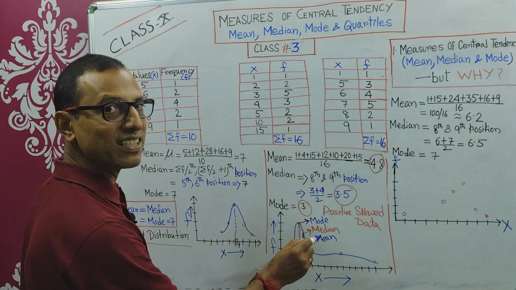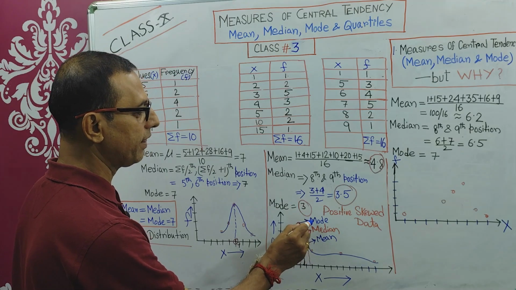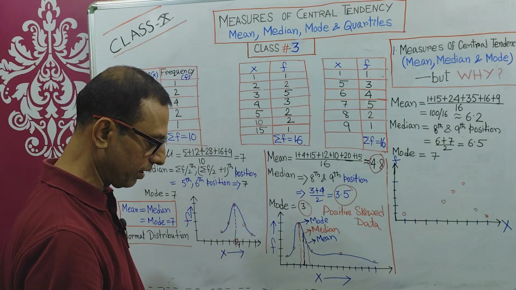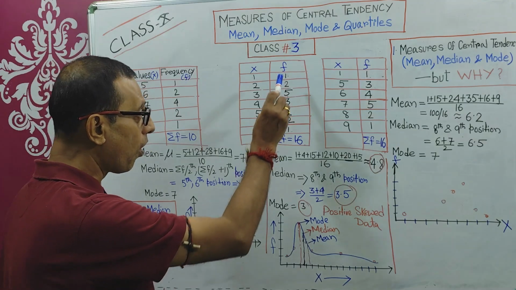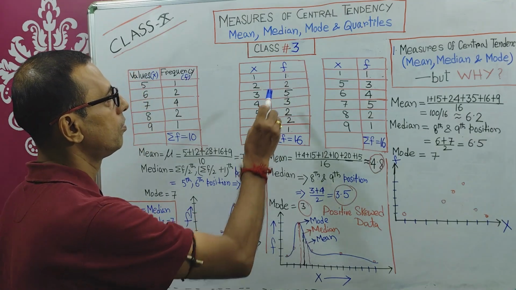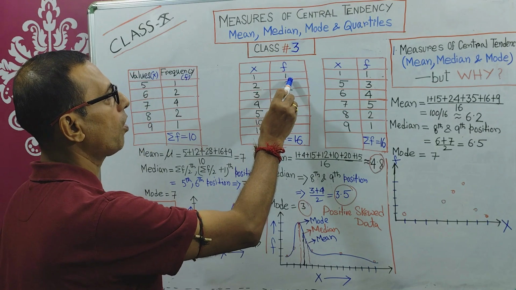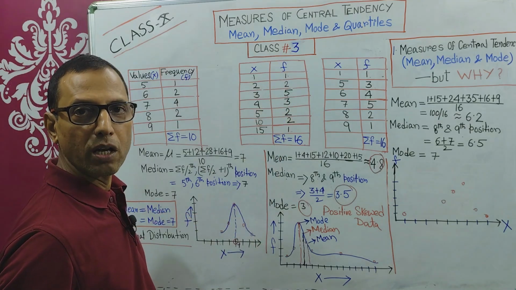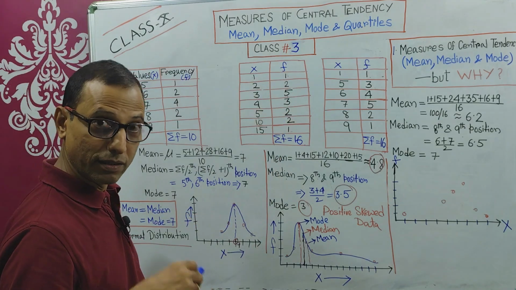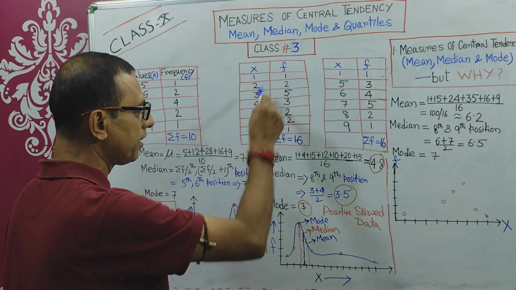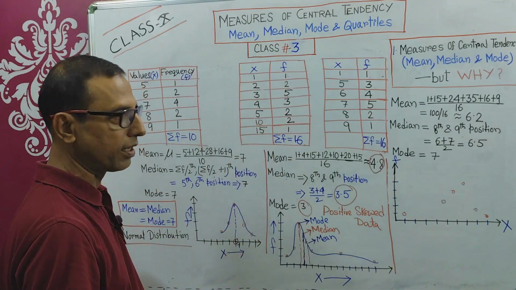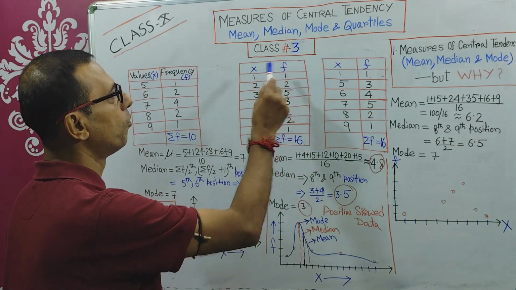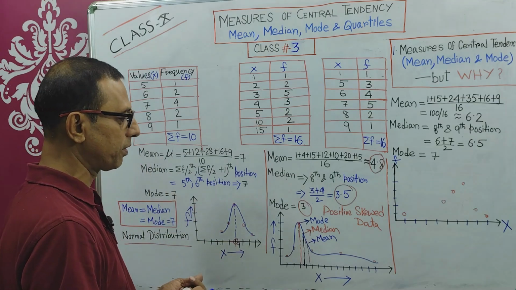Always mean will be highest, then median, then mode. Normally that's how it happens, right? Not for bimodal, trimodal or multimodal data; there the calculation will be different. Here, just for your understanding, I am assuming there is a single mode for each data distribution.